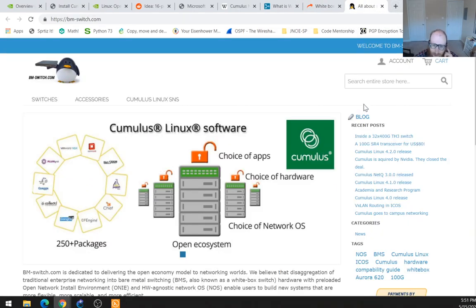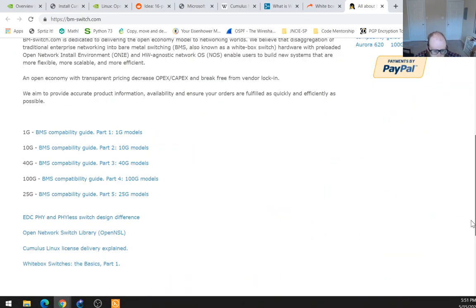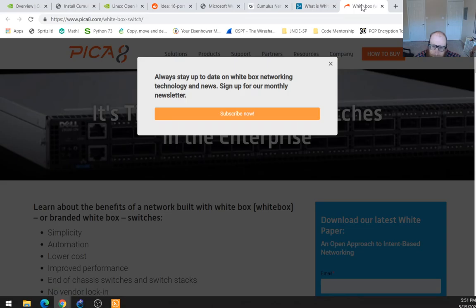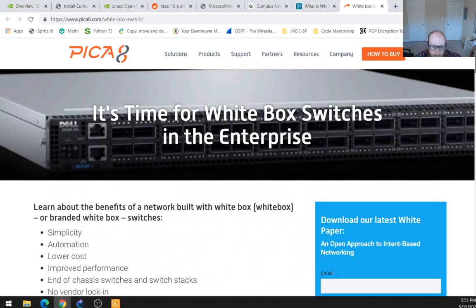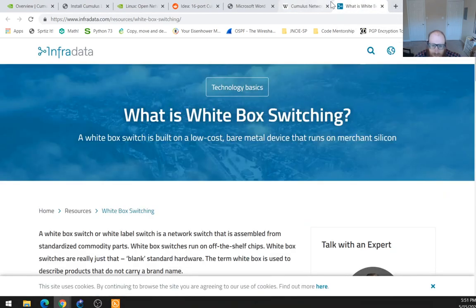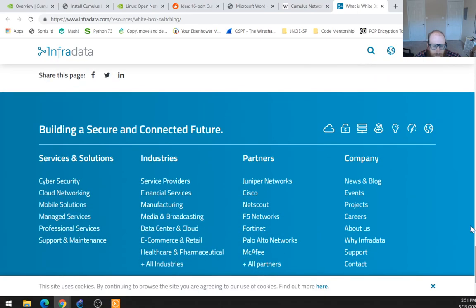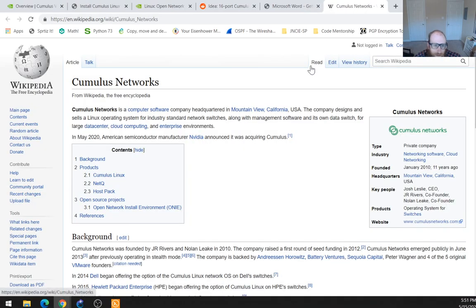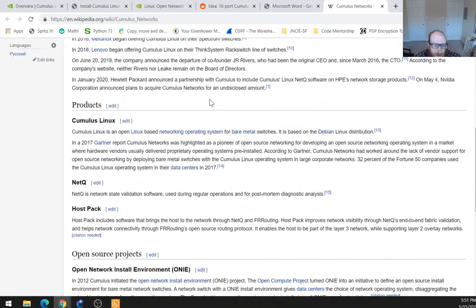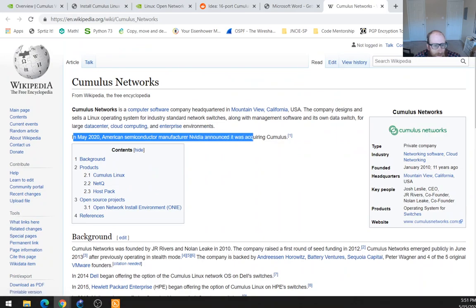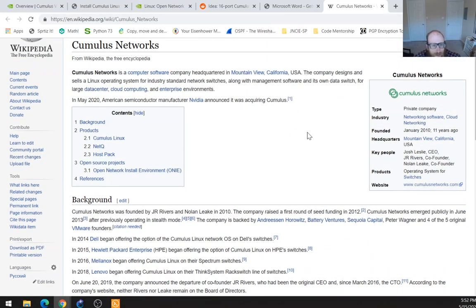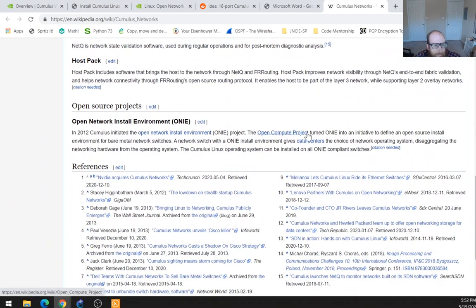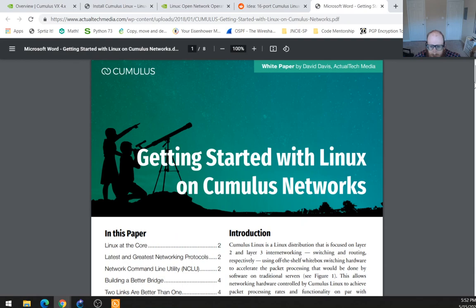Yeah, that's true. Troubleshooting issues is a big thing. And interoperability is a big thing too. Yeah, so it looks like NVIDIA acquired Cumulus, so it's no longer open source. Okay, that makes sense.